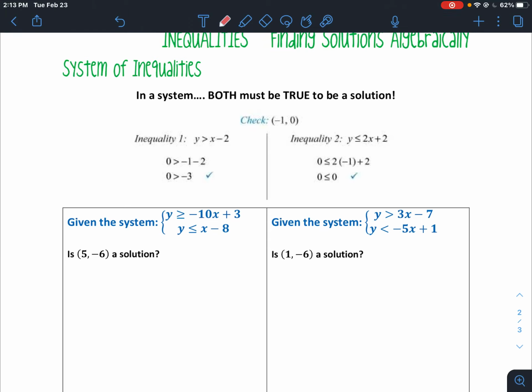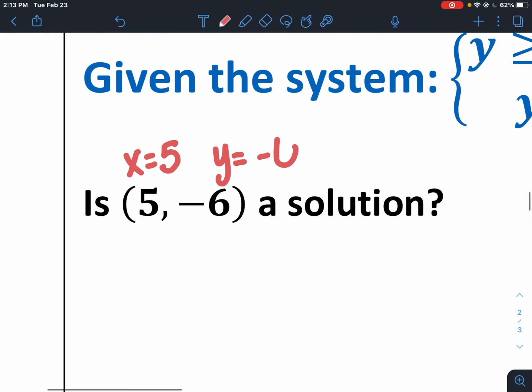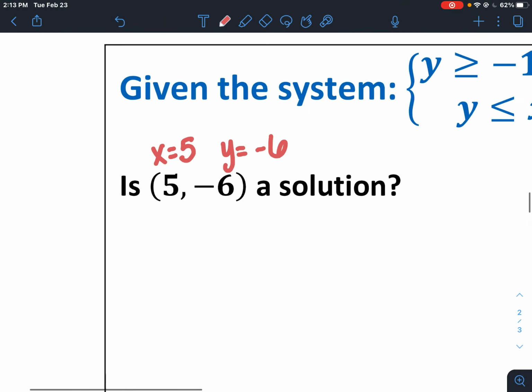Okay, so we're given 2 inequalities right here. And is 5, -6 a solution to this system? So my x is 5, my y is -6. I'll first plug it into the first inequality. So y, which is -6, greater than or equal to -10 times 5 plus 3.